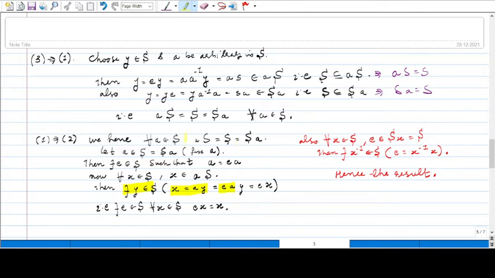Okay. So what we have done here, I will explain once again. X belongs to S, that means X belongs to AS. So there is a Y in S such that X equal to AY, and I have replaced A using this EA. Now what am I getting?